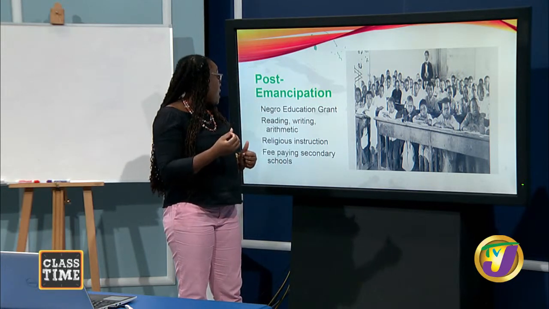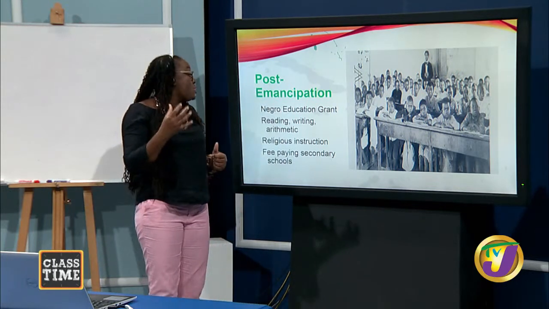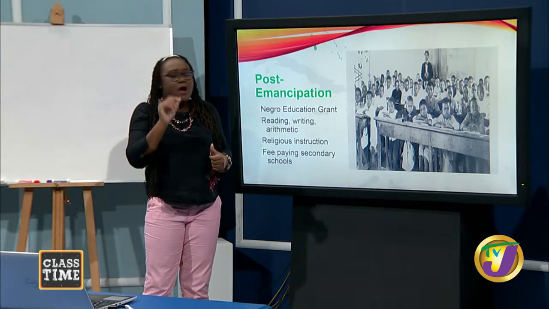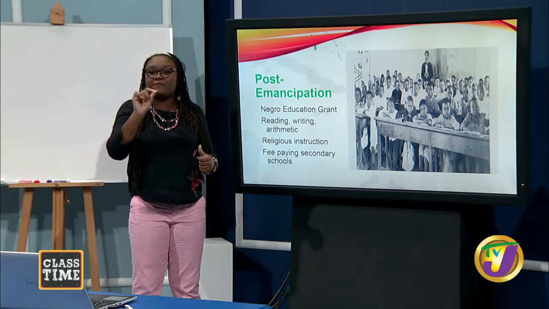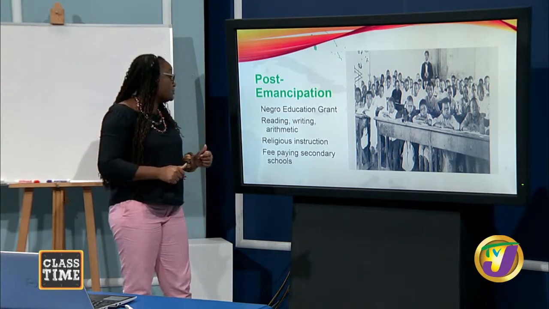So you did have this passing on, and to some extent, some of the enslaved learned how to read. But post-emancipation, there was in fact some attempt. And when we say post-emancipation, we mean after 1838. We have already done the historical process, so you know what I'm talking about.